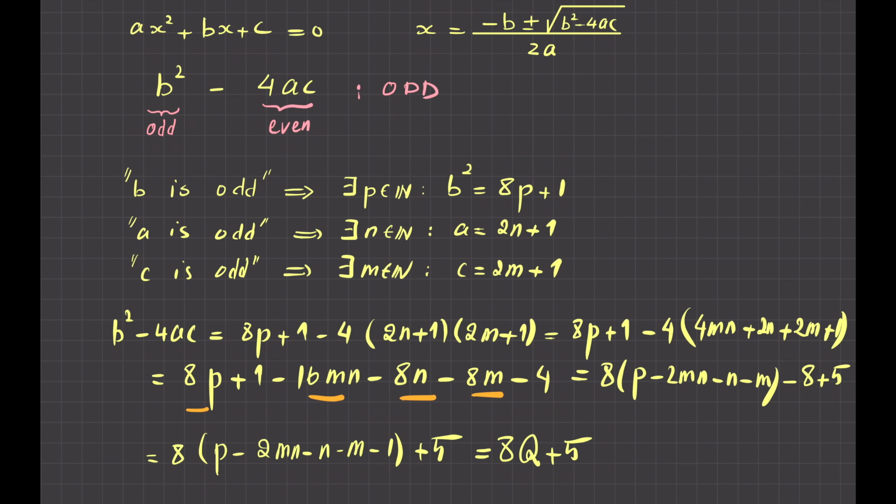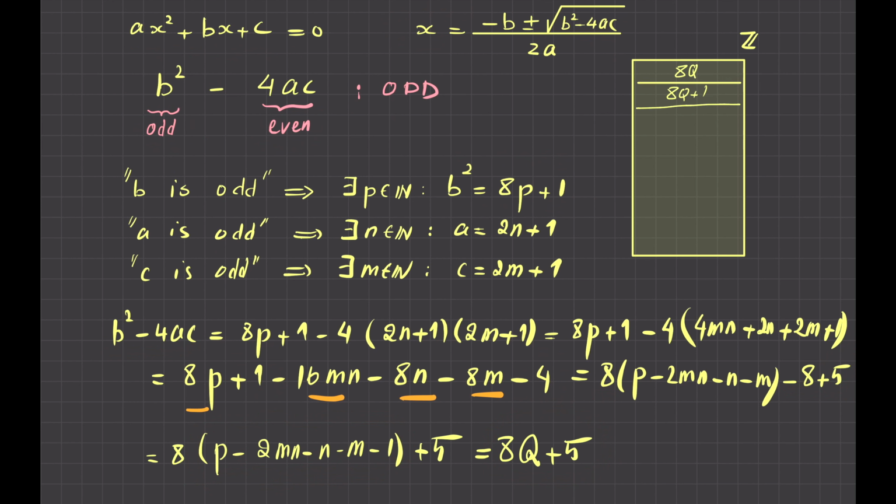And then you know that by the division algorithm, if I consider the set of all integers, Z, either numbers are 8q, or 8q plus 1, or 8q plus 2, and then up to, for example, 8q plus 5.